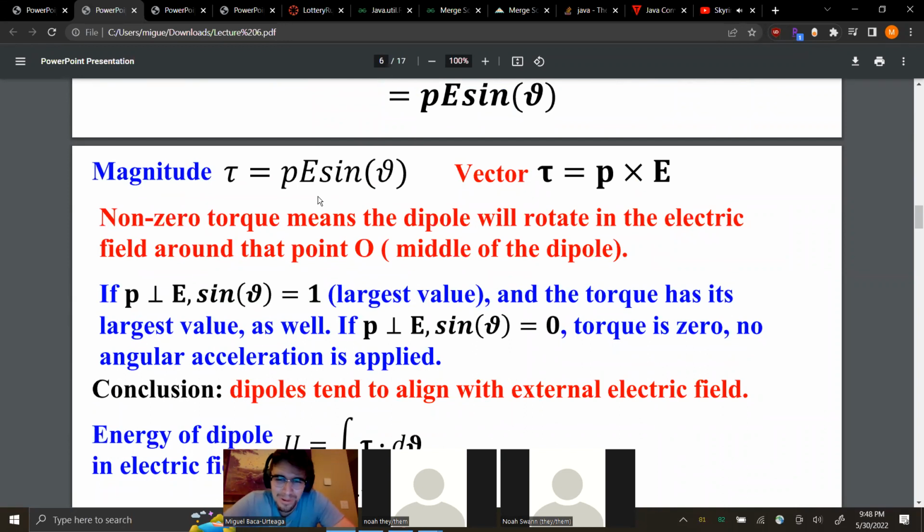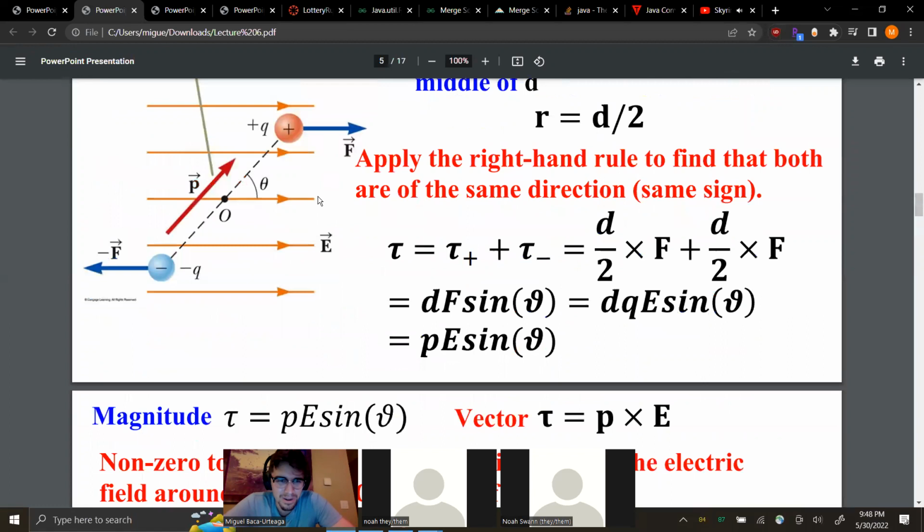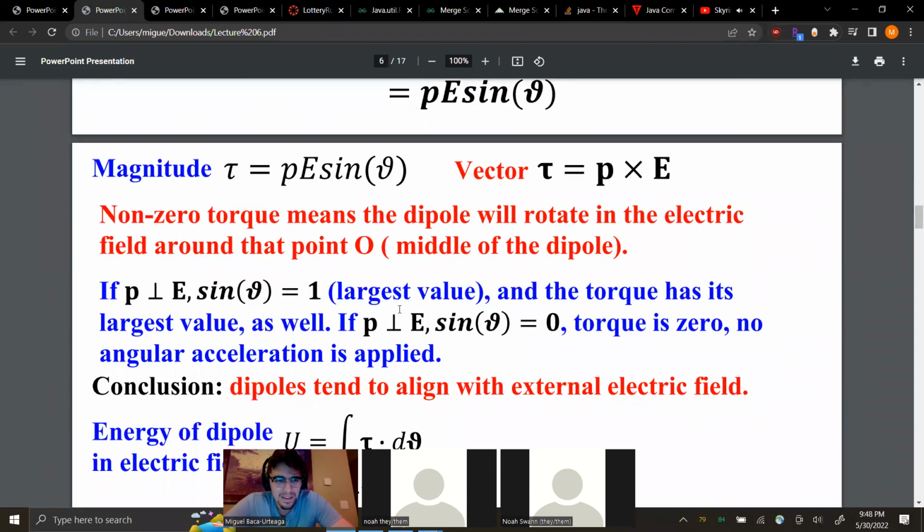Non-zero torque means the dipole will rotate in the electric field around that point, O, in the middle of the dipole. If the dipole moment is perpendicular to the electric field, sine of theta is equal to 1, the largest value, and the torque has its largest value as well.